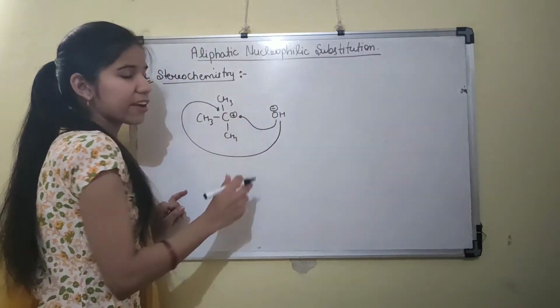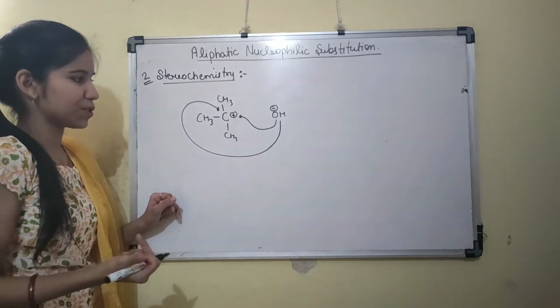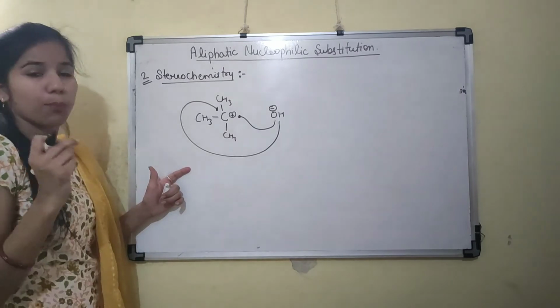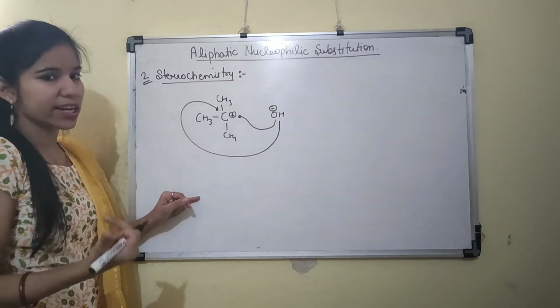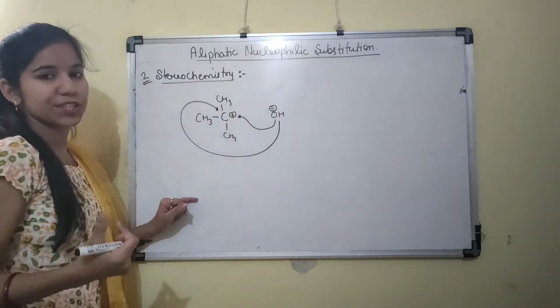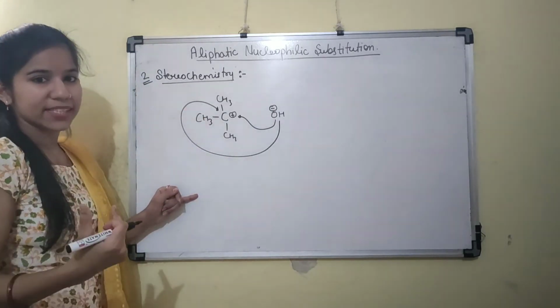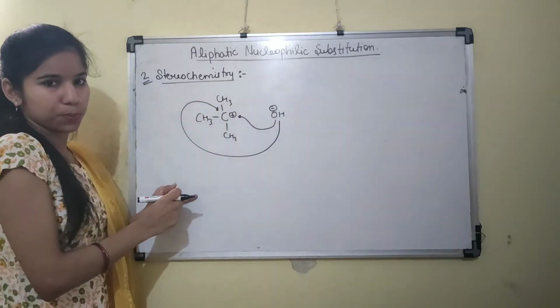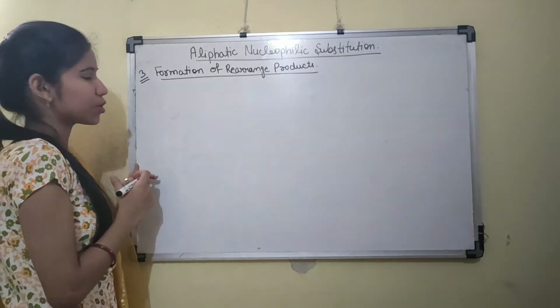So there is 5 to 20% inversion present along with racemization. Most of the time backside attack is preferred, which is the side opposite to the leaving group. Third evidence is formation of rearranged product.